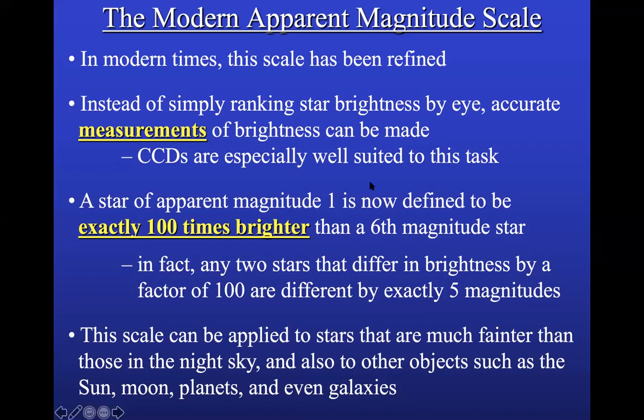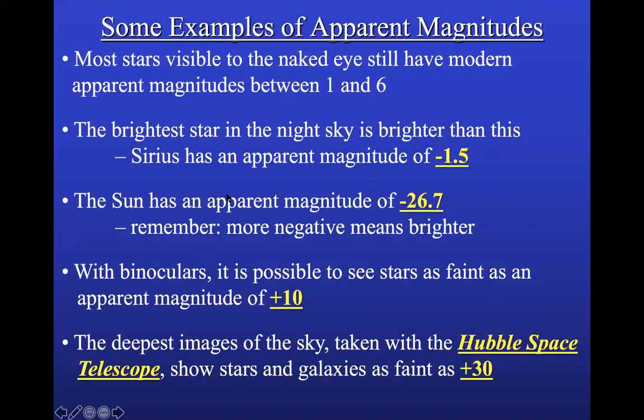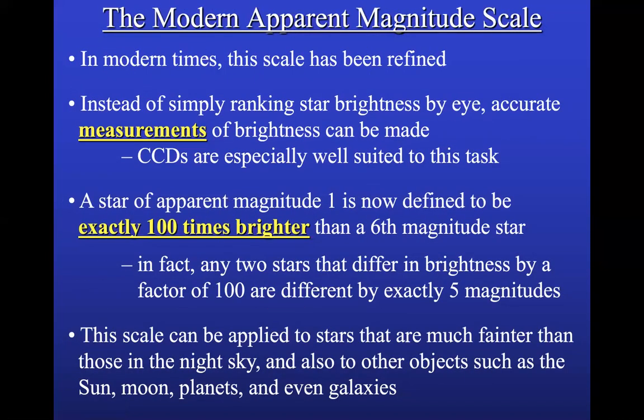Once you measure the brightness in that way, this is the scale that we are using now. A star of apparent magnitude 1 is now defined to be exactly 100 times brighter than a 6th magnitude star.